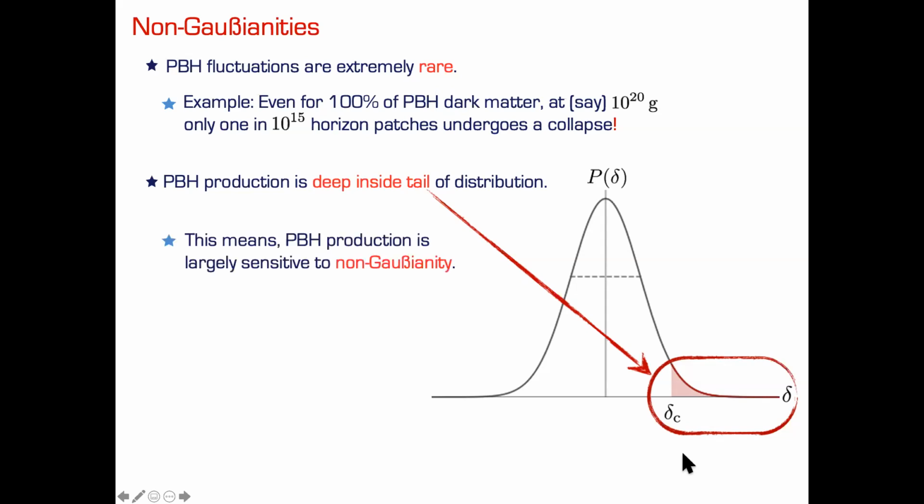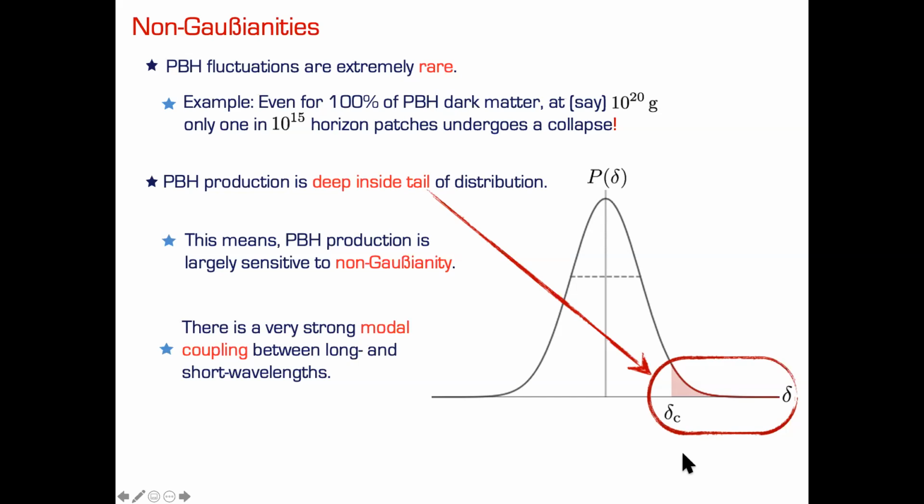But of course, when you are so far in the tail, you are very sensitive to non-Gaussianity. If you start from a Gaussian distribution, you only need a small amount of deviation in order to change the primordial black hole abundance a lot.